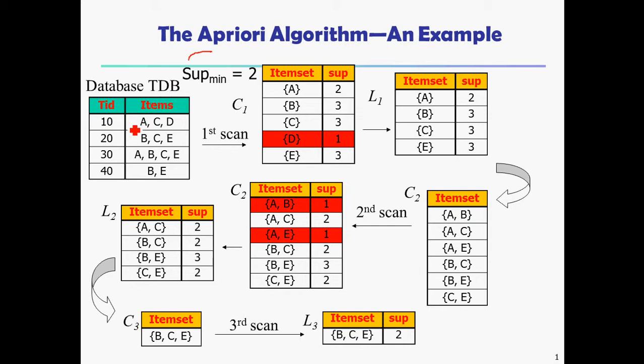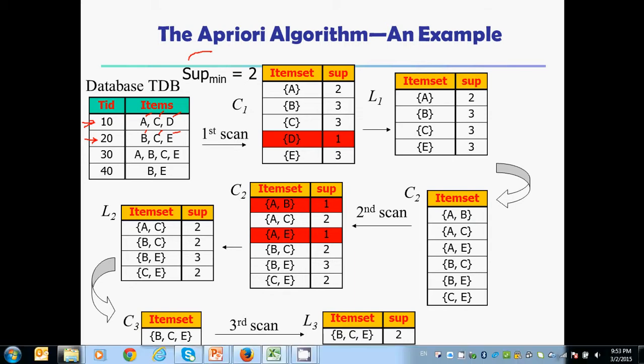So what I want to do here, this is the item sets. If you look at the grocery baskets, basket number 10 has grocery items A, C, and D, and another basket, 20, has other items: C, D, and E, and so on and so forth.